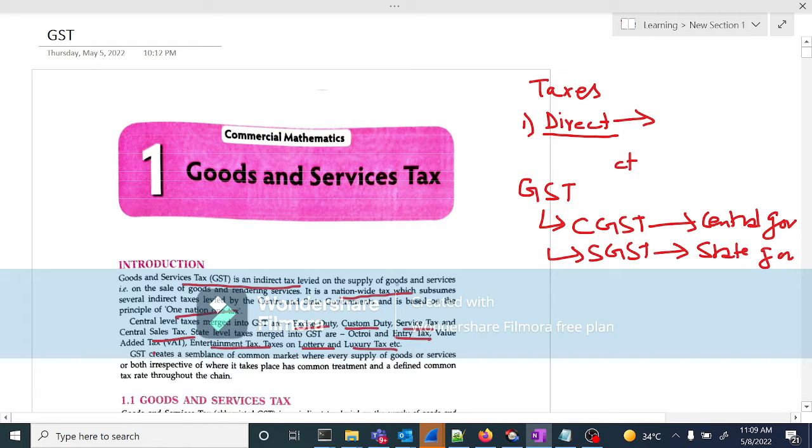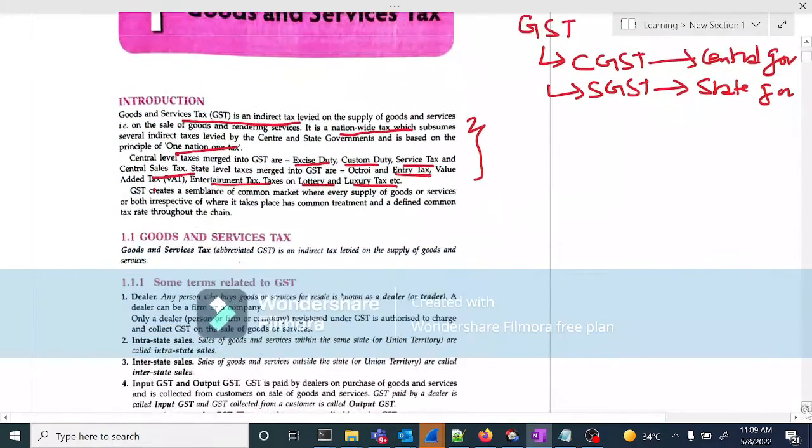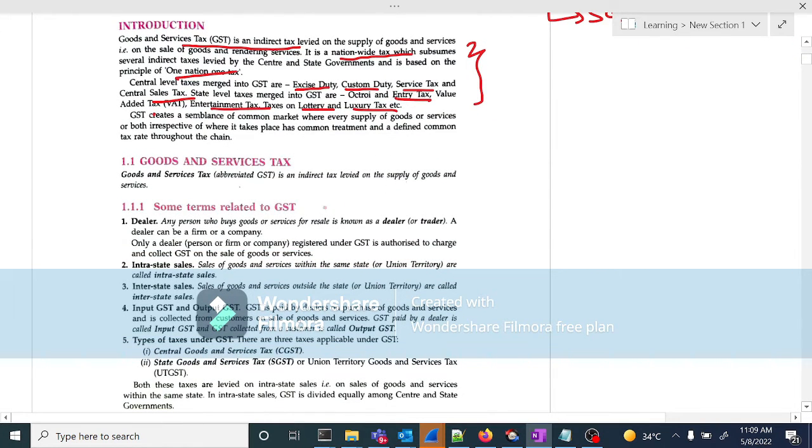Okay, so same thing has been explained here also. So I will go ahead. In GST there are certain parties like dealer. Dealer buys goods to resell them. So dealer buys goods from manufacturer, then dealer sells to customer.